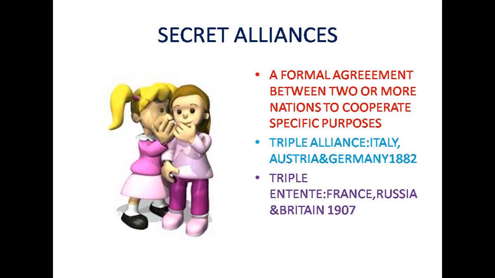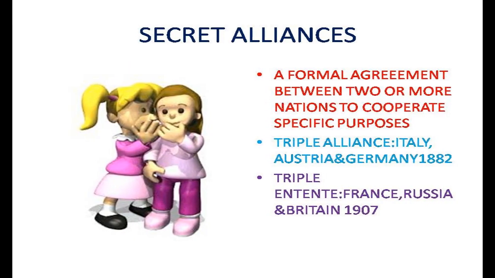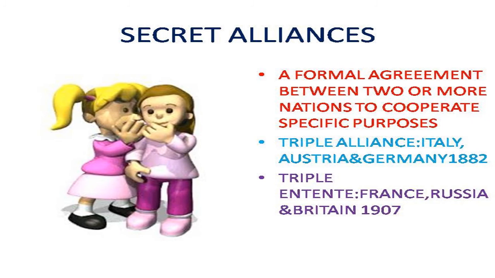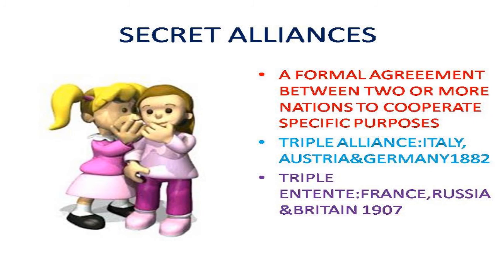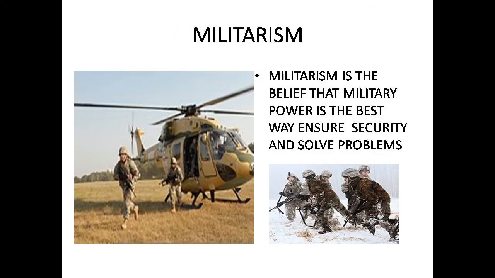Third one was secret alliances. When distrust developed among these nations, they formed blocs. One bloc was led by Germany and the next one was led by France. Next reason was militarism. What was that? Belief that military power is the best way to ensure security and to solve all problems.